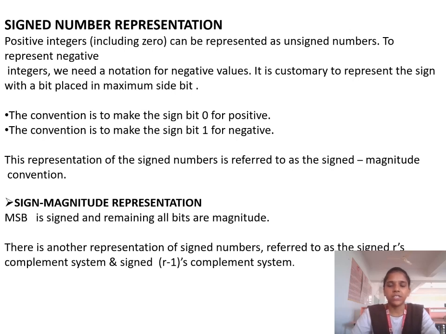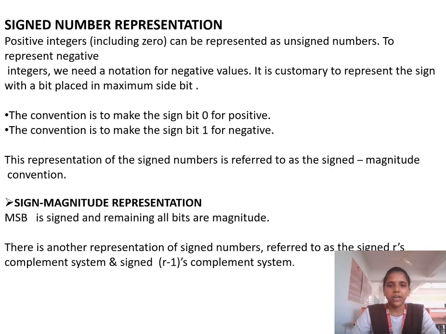This representation of signed numbers is referred to as the sign magnitude convention. Signed numbers are represented in three types: sign magnitude representation, signed 1's complement, and signed 2's complement. In sign magnitude representation, the MSB is the sign and all the remaining bits are magnitude.